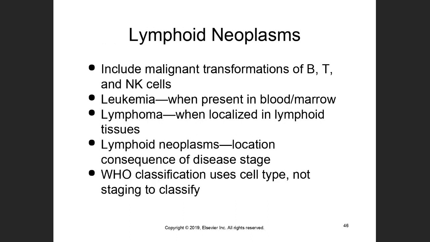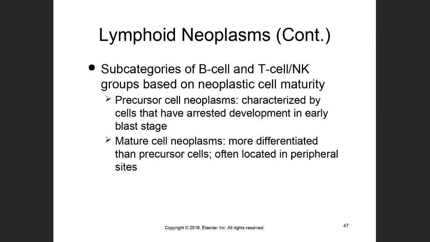Now we have lymphoid neoplasms, which include malignant transformation of B, T, and natural killer cells. We have leukemia when present in blood and marrow, lymphoma when localized in lymphoid tissue. Lymphoid neoplasm classification reflects the stage of the disease. WHO, the World Health Organization's classification, uses cell type, not stages, to classify.